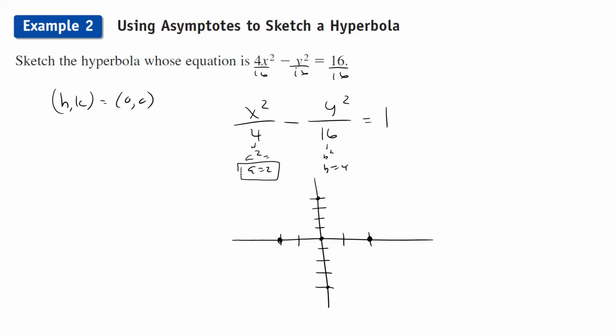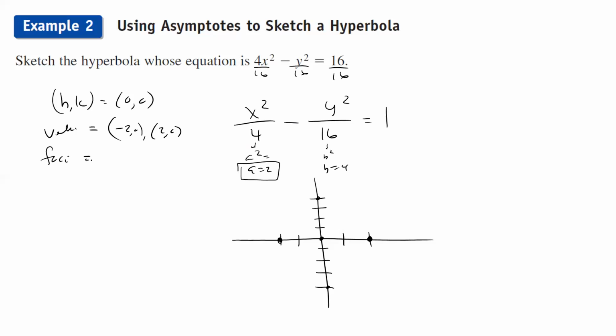And then I needed my C value because that's going to determine my foci. So tell me where my foci are. Actually, we need to list all these down because on the homework, it makes you list all these down. So the vertex is at -2, 0, and positive 2, 0. Okay, foci, let's do that. Where's our foci?